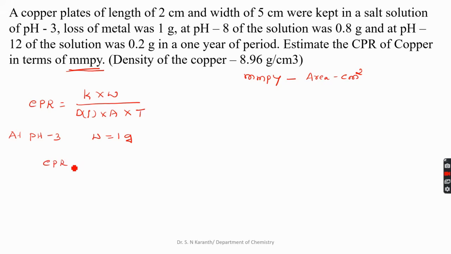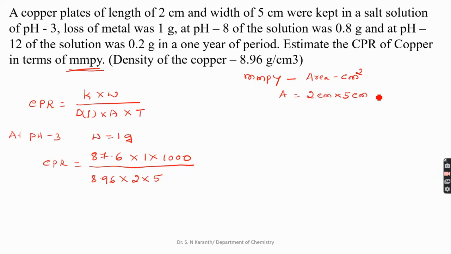So CPR equal to, expressed in terms of Mmpy, the K value becomes 87.6 into 1 into 1000 divided by the density 8.96 multiplied by area, 2 centimeter into 5 centimeter, that is equal to 10 centimeter square.